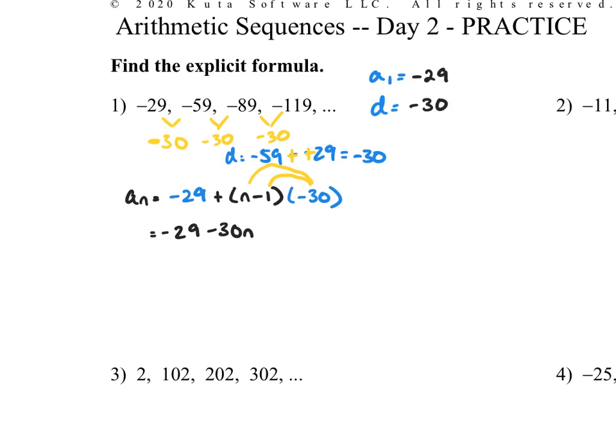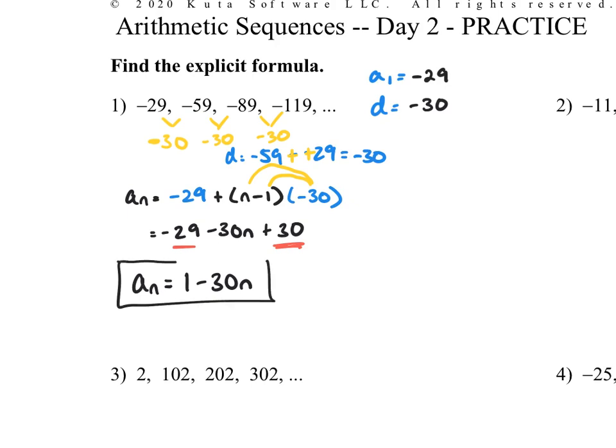Negative 30 times negative 1, 2 negatives make a positive, and you get out 30. Is everybody okay? All right, now the last step is to simply combine your like terms. So you would get A sub n is equal to 1 minus 30n. And that is your explicit formula.